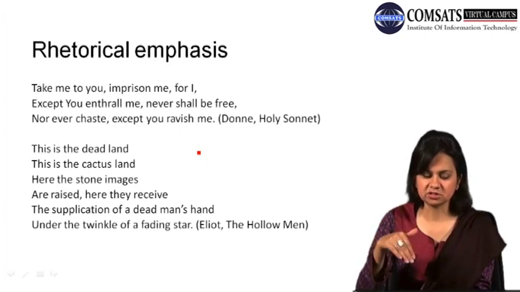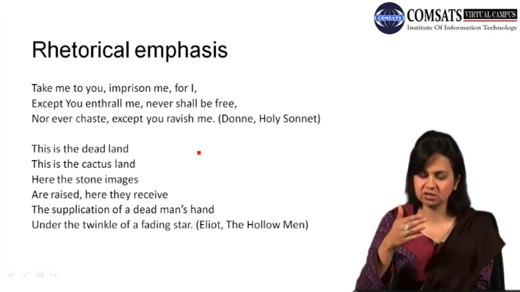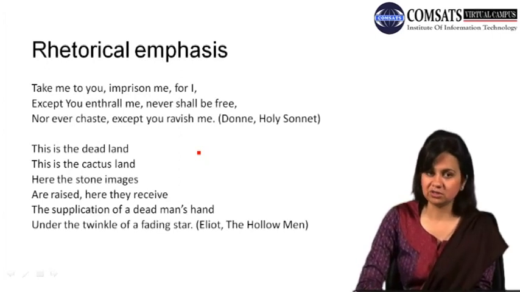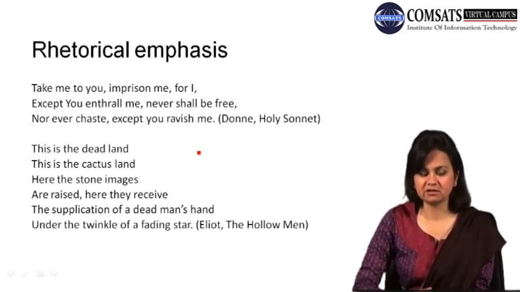Here the stone images, now land turns into image, and stone is what replaces the word cactus. And raised here, they receive the supplication of a dead man's hand under the twinkle of a star. Now the twinkle of a star is the very dim light, where it's the image of hell or a desert or an island that is a deserted island.